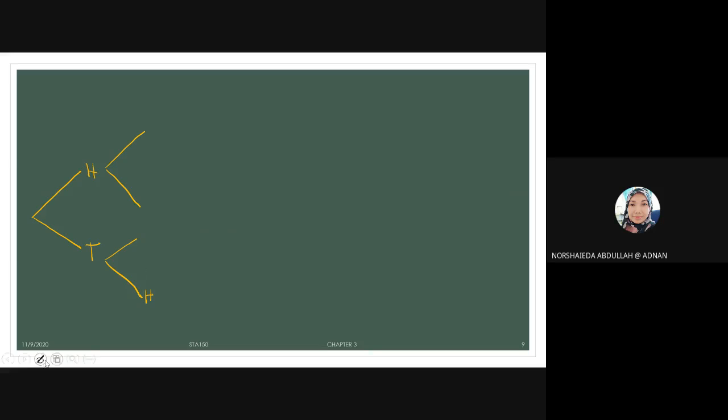Sorry, let me erase first. Second coin also either head or tail. Then third coin, head or tail.